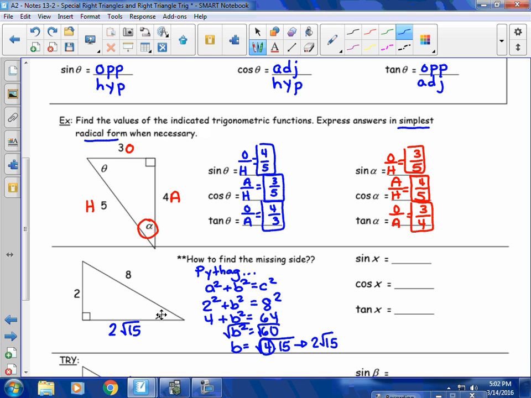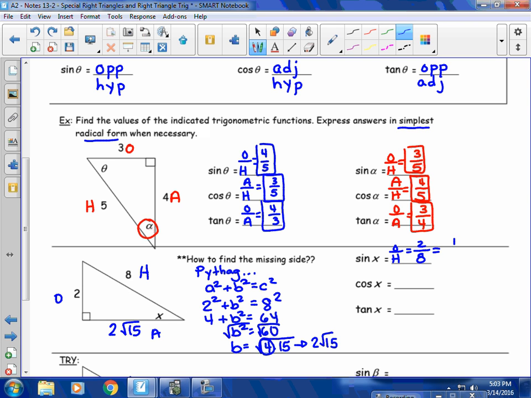All right, now I want sine, cosine, and tangent of x. So if this is x, obviously this is hypotenuse. 2 radical 15 would be adjacent, and 2 would be opposite. So sine of x. So opposite over hypotenuse. Opposite is 2, over hypotenuse is 8.